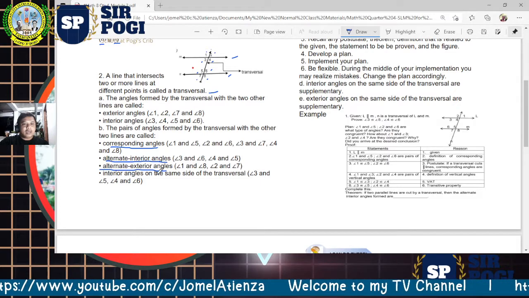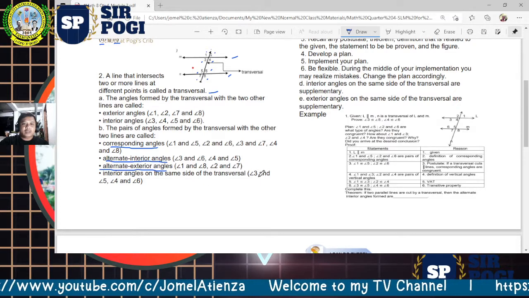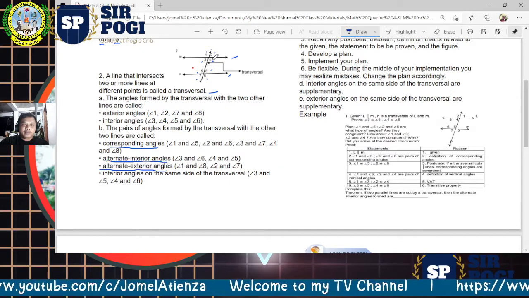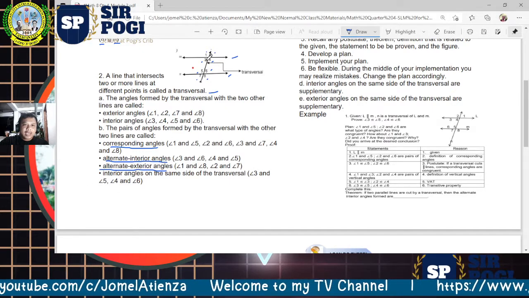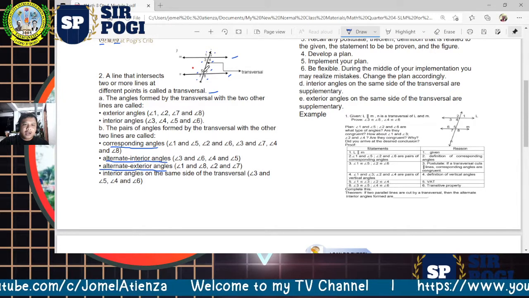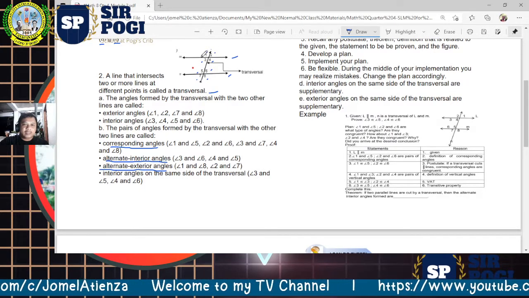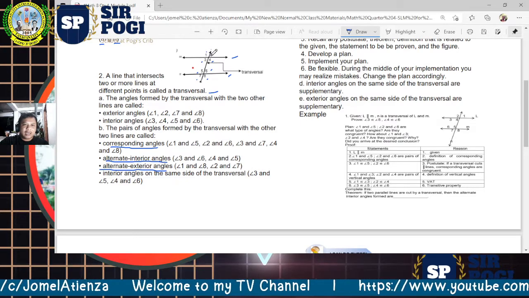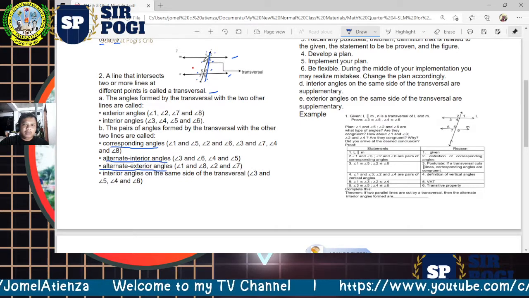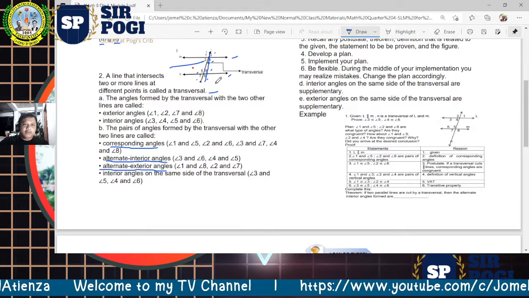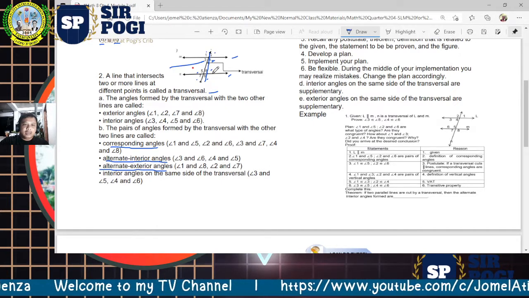Then interior angles on the same side of the transversal, which is angle 3 and angle 5. Ito yon, angle 3 and angle 5. Yun yung interior angles on the same side. Same sides. Ibig sabihin nasa side na ito. Diba? Narito siya sa side na ito. And then we have angle 4 and angle 6.